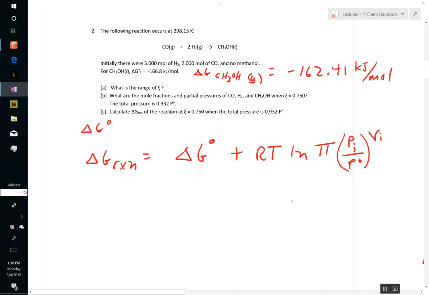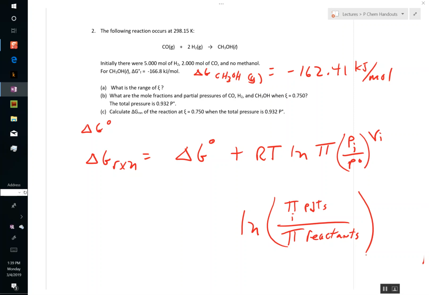Really what that is going to look like is the log of the products divided by the reactants, all to the power of that. It's going to be the natural log of that whole thing.